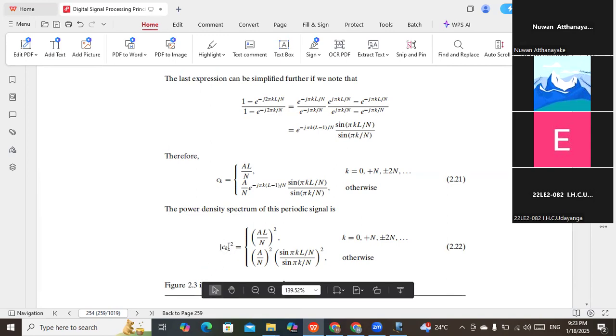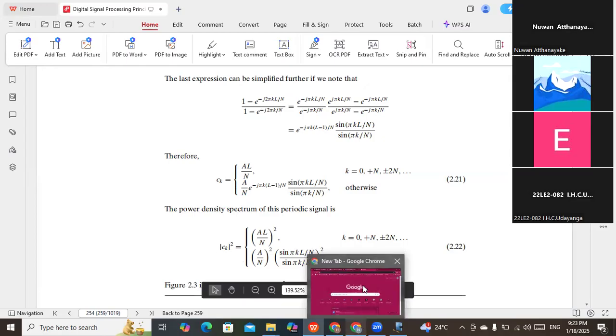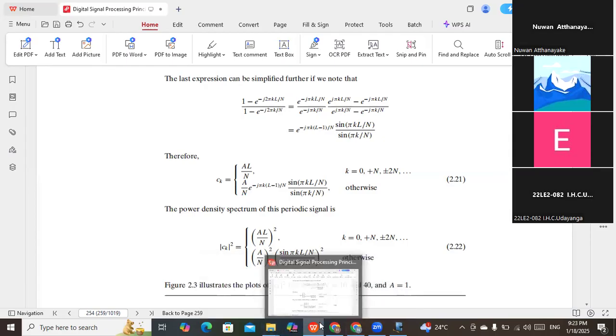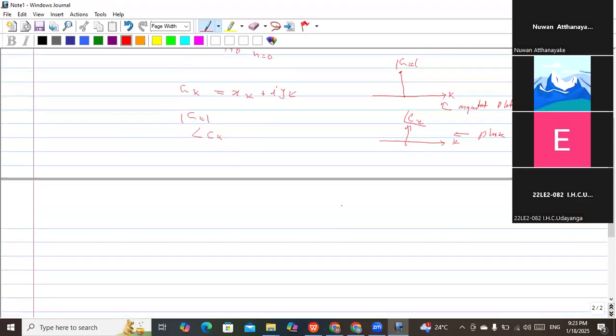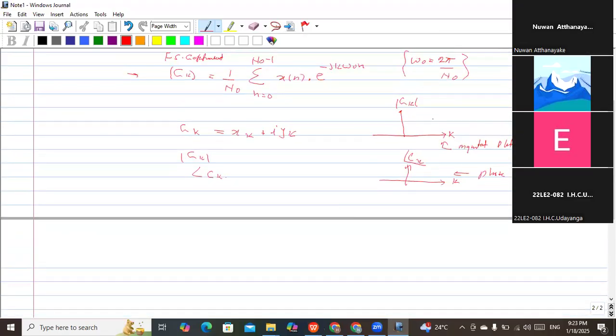So if you take the square of the magnitude, and for example we have plotted the c_k magnitude, that is the magnitude plot.